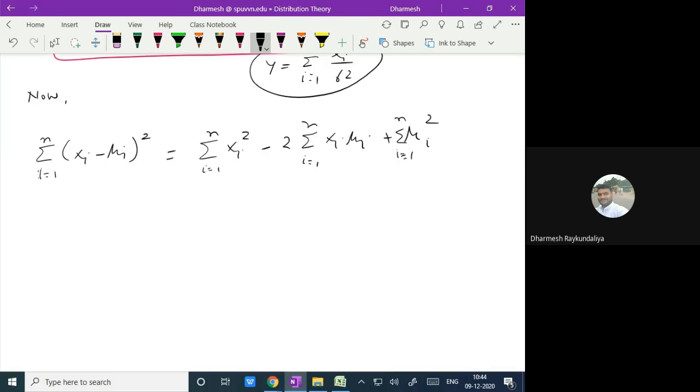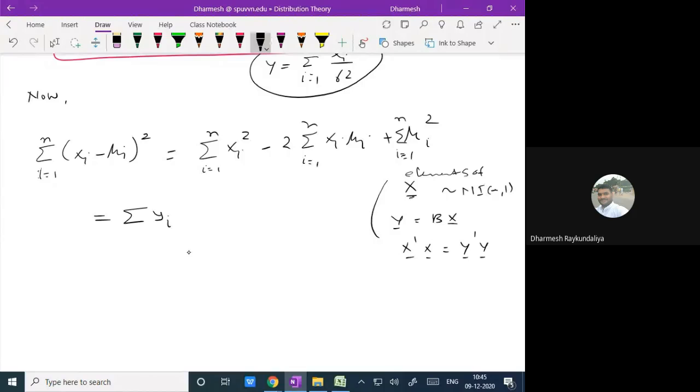But we know that the elements of x are independent normal 0, 1. If you take the transformation y is equal to Bx, then x transpose x equals y transpose y. What is x transpose x? It is summation xi square. So you can write it as summation yi square, i running from 1 to n.